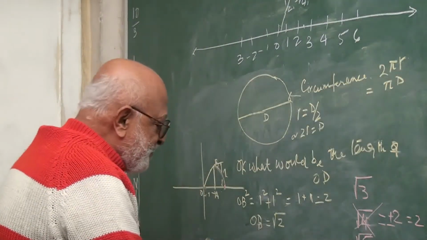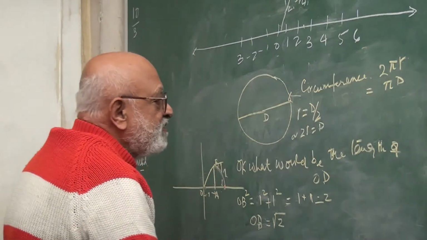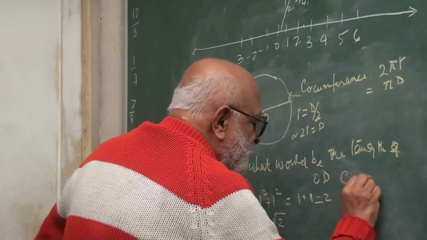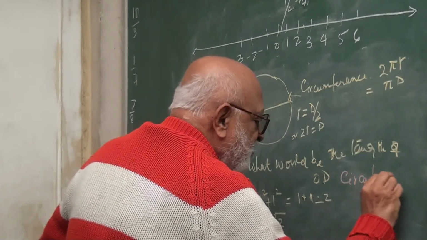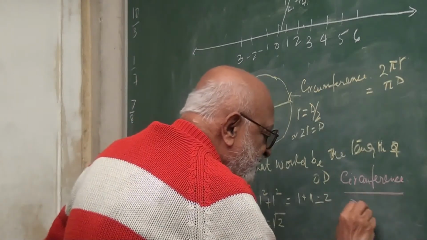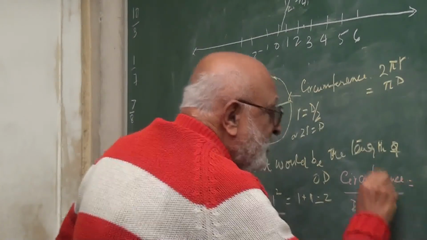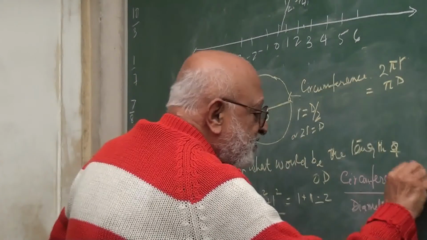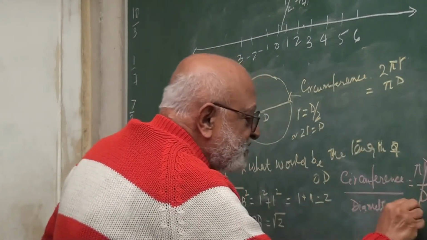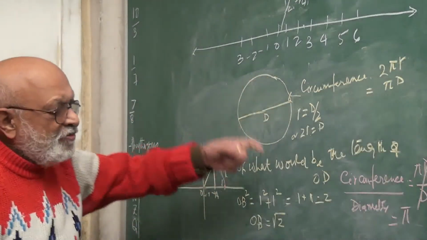So if I take a ratio of circumference and diameter, what do I get? Circumference I will get pi d, and diameter I will get d. These two cancel and I will have pi. So there is nothing big about pi.